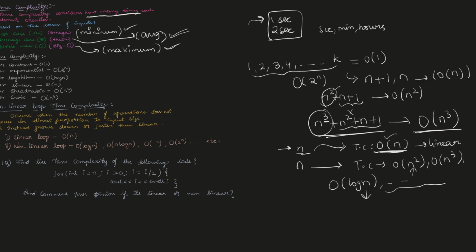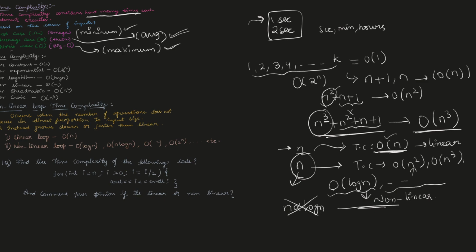That's the reason these are all called non-linear, since the input size and the time complexity don't vary proportionally. They are not directly proportional. n is not directly proportional to log n. This is not going to happen.